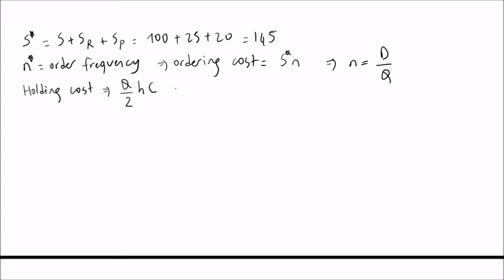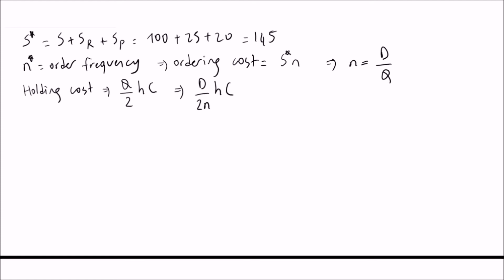And therefore, if we replace Q by D divided by N, we end up with DHC divided by 2N.